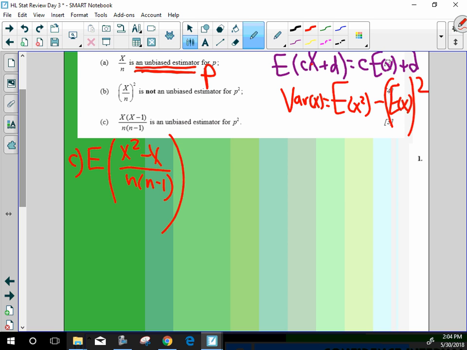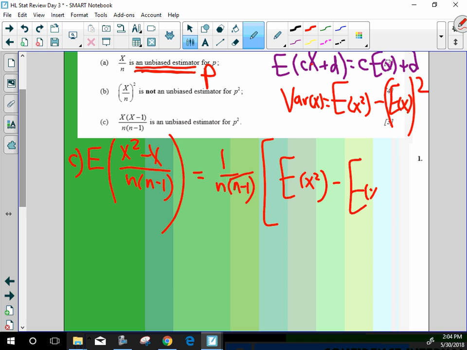So before you get too excited, what can we pull out in front? 1 over N times N minus 1, and then you're going to get E of X squared minus E of X.